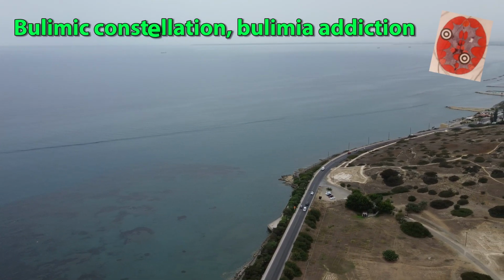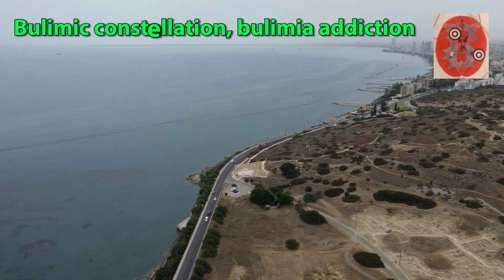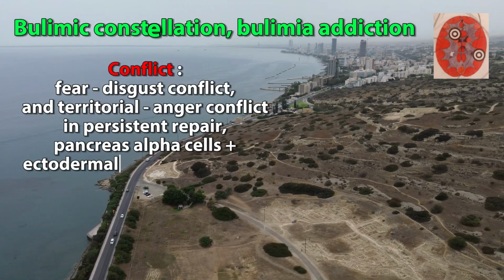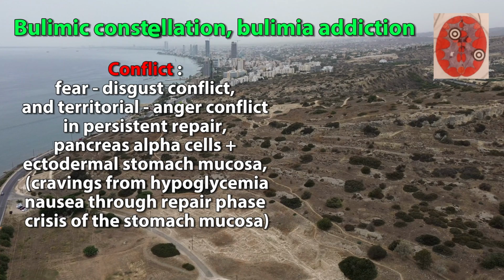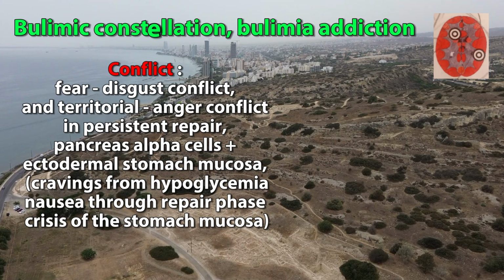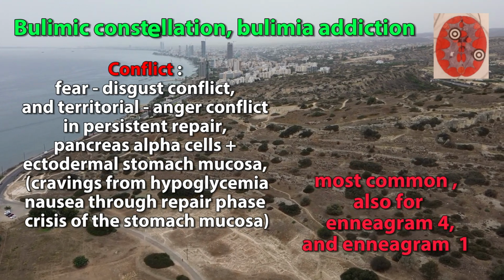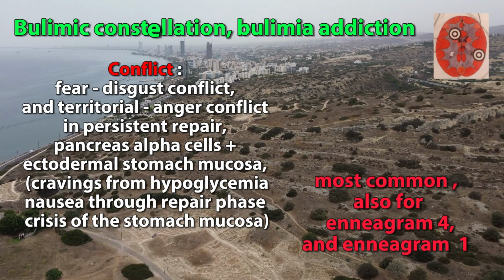Bulimic constellation: bulimia, addiction. Fear disgust conflict and territorial anger conflict in persistent repair. Most common also for Enneagram 4 and Enneagram 1.